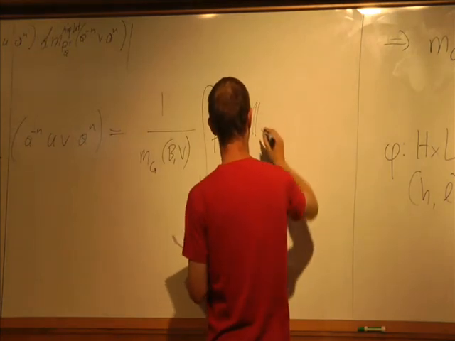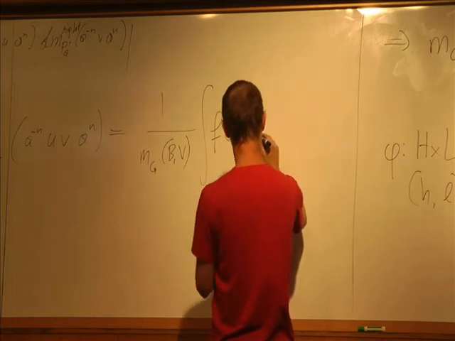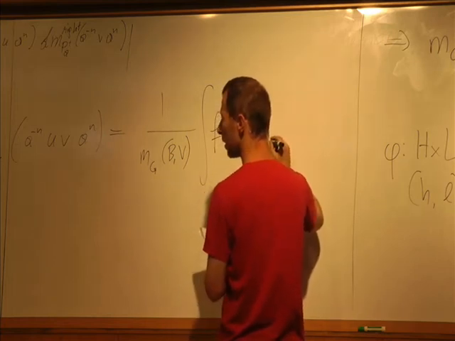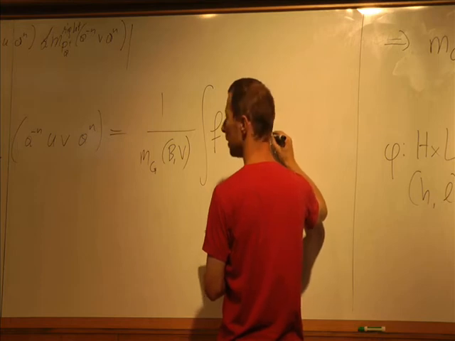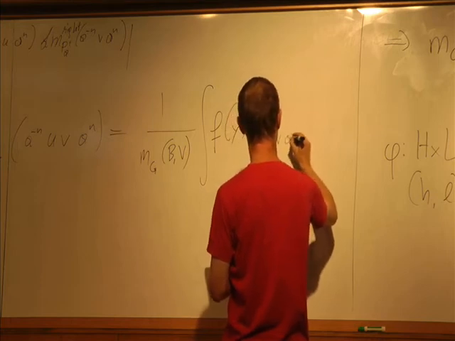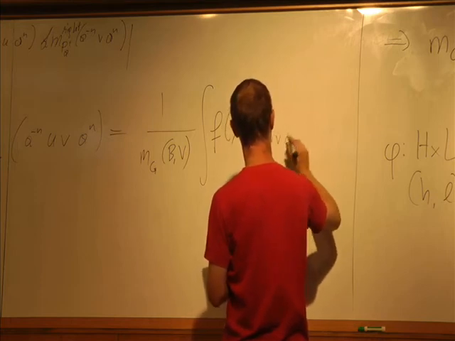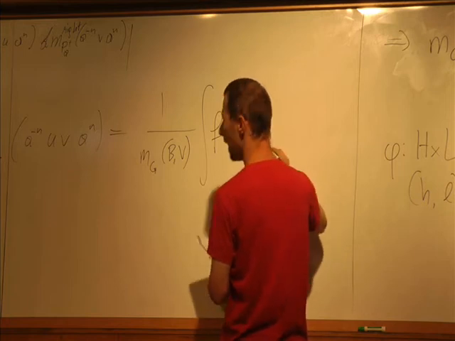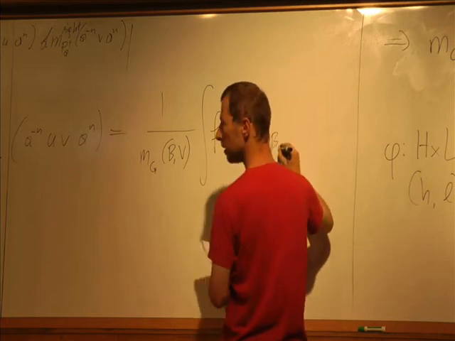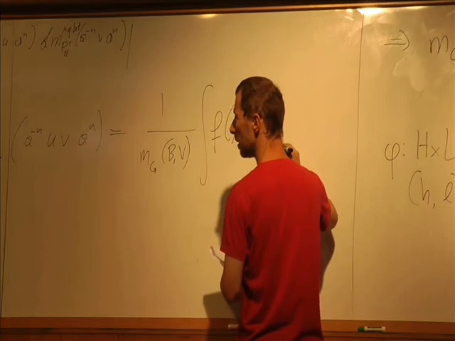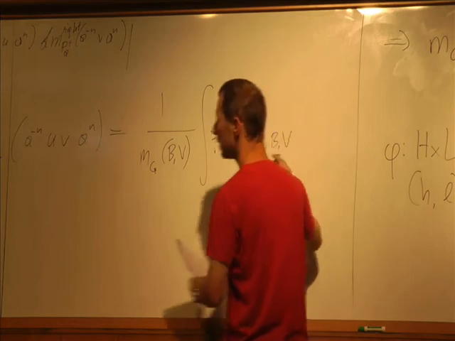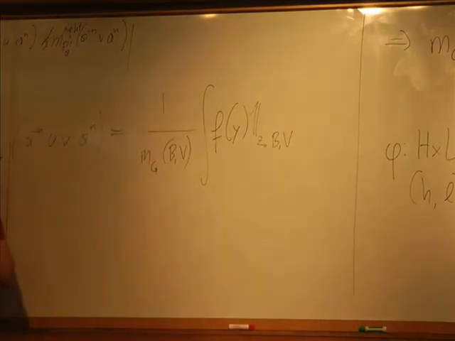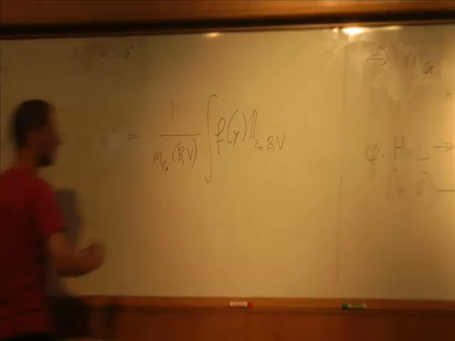So I want to integrate over Zn u v a to the Zn b1 v, right? Because the u is in b1 and the v is in v.